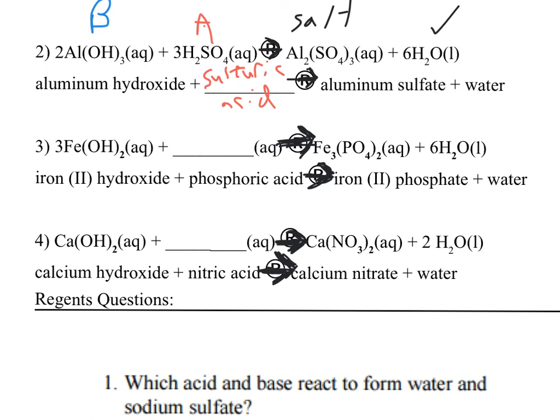Okay, so let's look at number 3 then. We've got this thing. It says iron 2 hydroxide plus, it gives us a little bit of a hint, phosphoric acid. And all we have to do is fill it into the equation. So if you take a look, phosphoric acid should be, what is that, PO4?